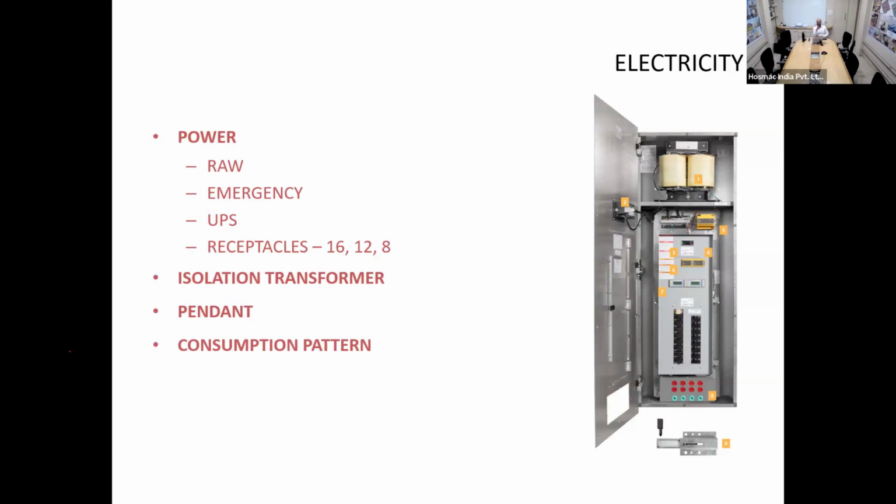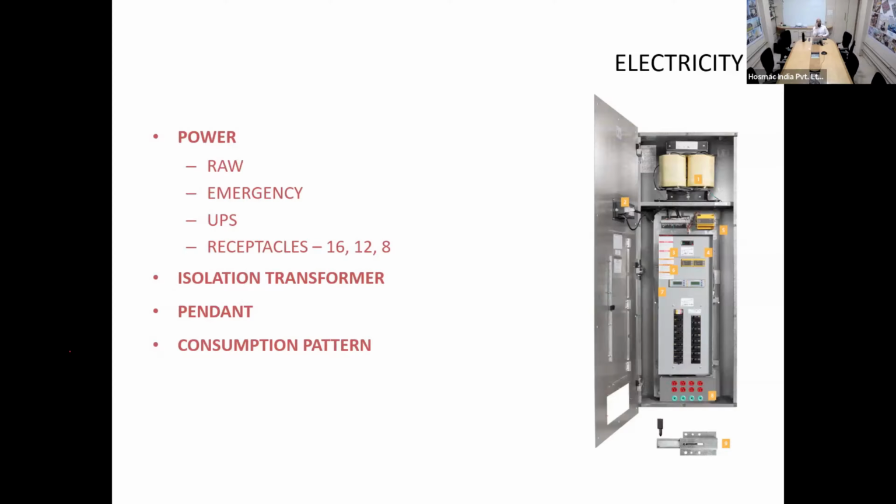This is not very expensive. Maybe for a 10 kilowatt panel, it could cost you something like 7 to 8 lakhs. Small price to pay for safety, which is of paramount importance. In case your consultant is not aware of it, you as an administrator, you as a planner, should be insisting on it, should be requesting for it.